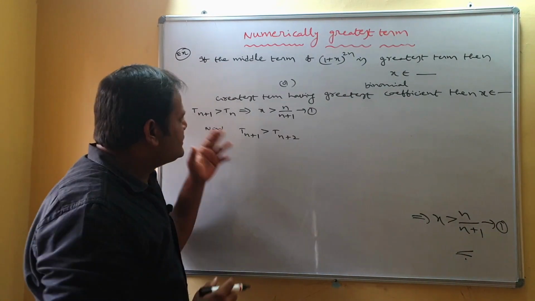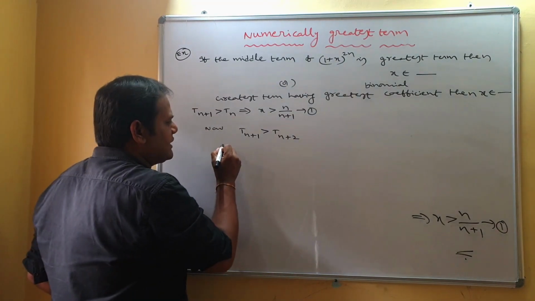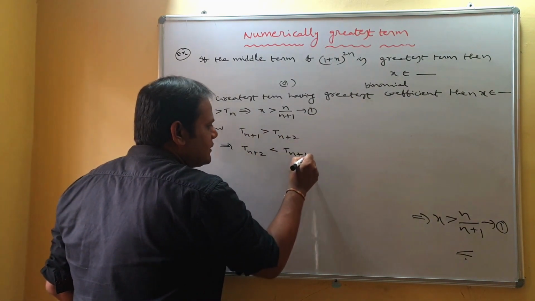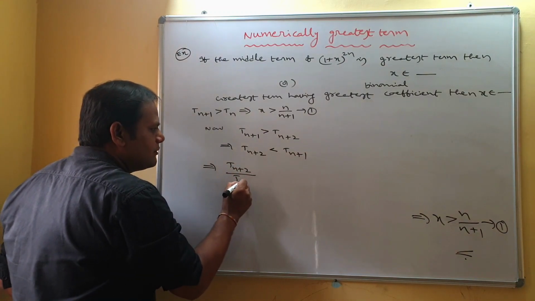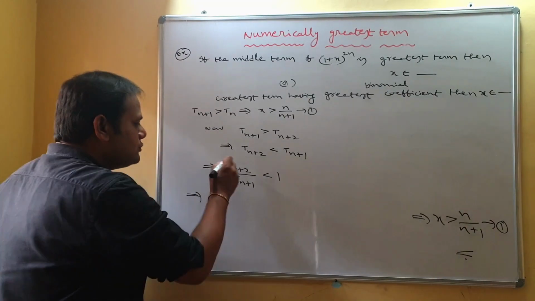Now we simplify T(n+1) greater than T(n+2). So from this I can write T(n+2) less than T(n+1). And also you can take that T(n+2)/T(n+1) is less than 1. We do the simplification. So what do we get, you see?